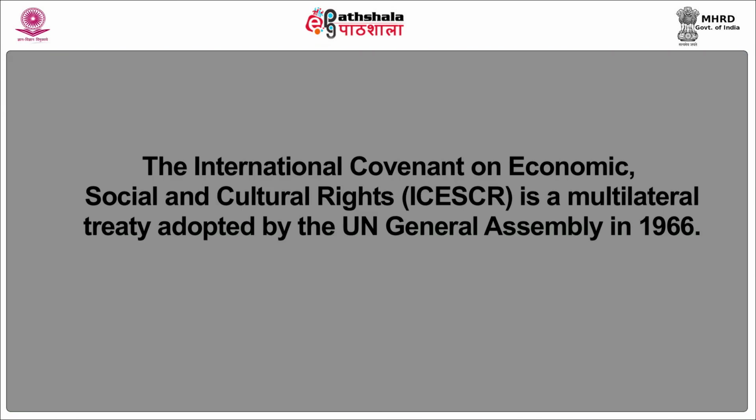The first part of the module discusses the ICESCR's enforcement mechanisms. The International Covenant on Economic, Social and Cultural Rights, that is, the ICESCR, is a multilateral treaty adopted by the UN General Assembly in 1966.